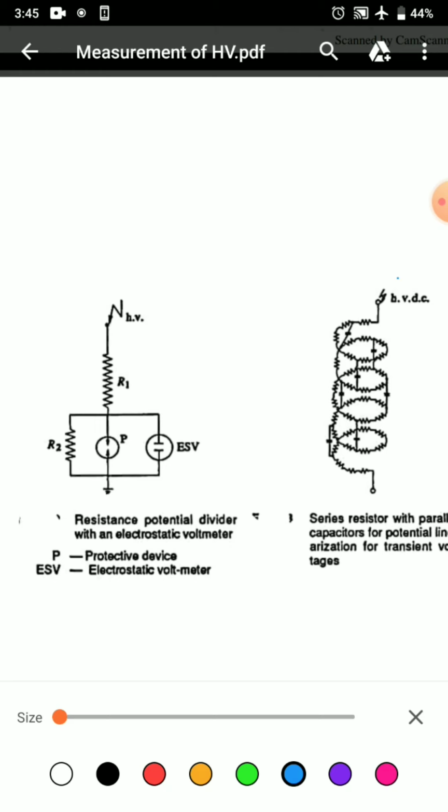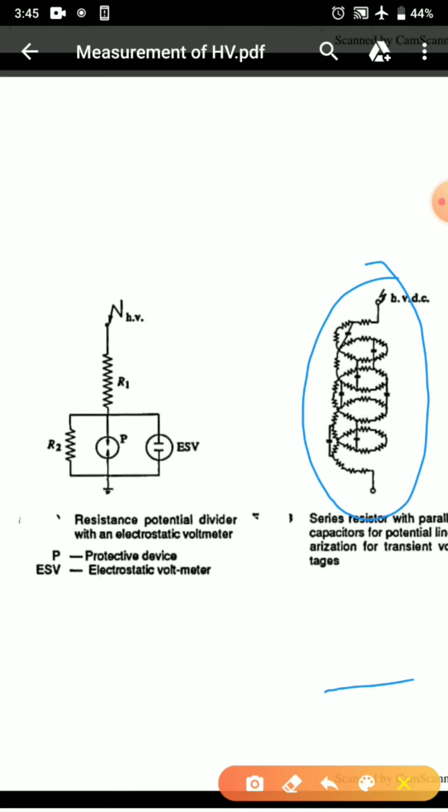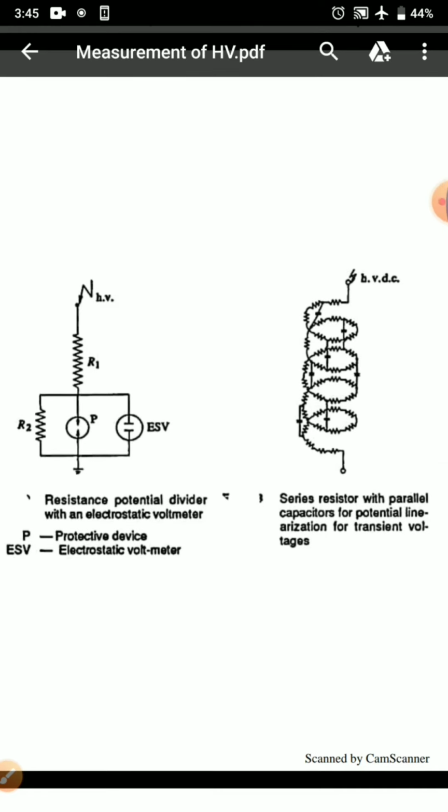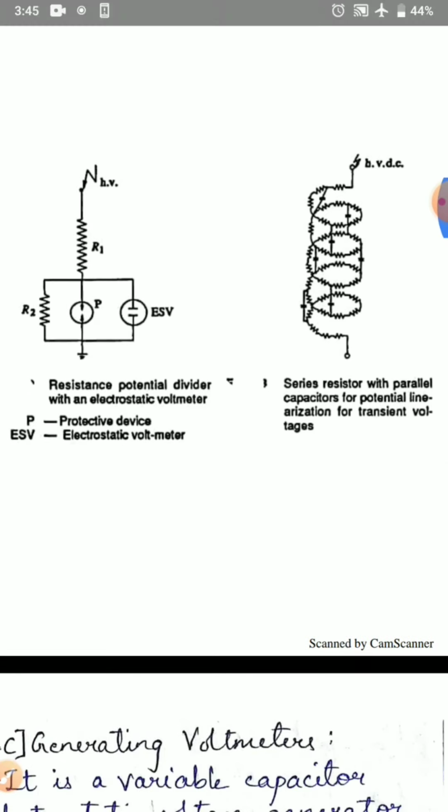The resistance potential divider with an electrostatic or high impedance voltmeter is shown here. The influence of temperature and voltage on elements is eliminated in voltage divider arrangement. Because of this series resistor in parallel with capacitor, the errors are reduced.